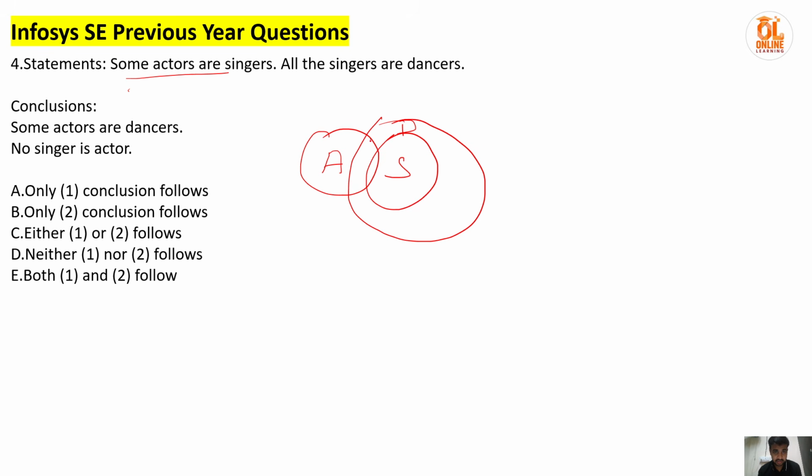Yes, some actors are dancers, so this is right. No singer is an actor. It is wrong because some singers are actors, right? So this is wrong. So only one conclusion follows. I hope you have understood.